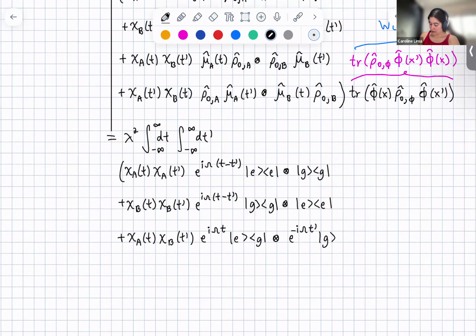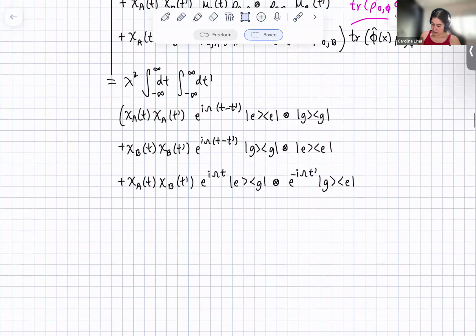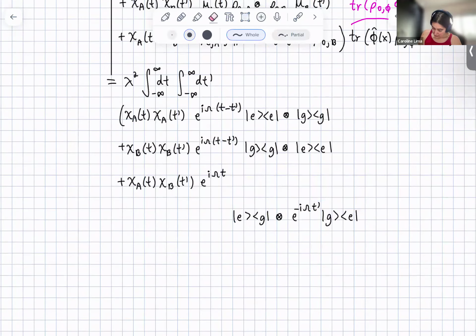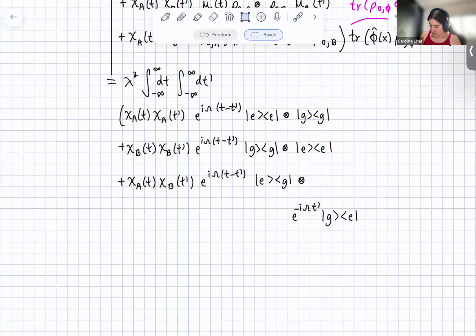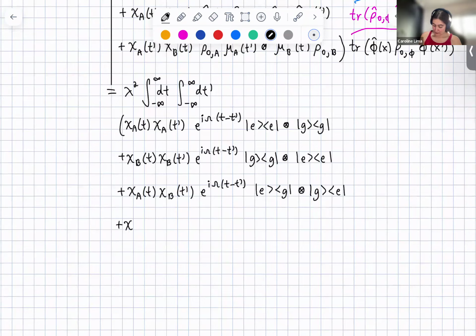Times g e. Okay, so just to make my life nicer, I'll write this together instead. So i omega (t minus t prime). And then I get those terms there, and I erase here. All right. And for the final term, if you notice, it is pretty much the same thing as this one.